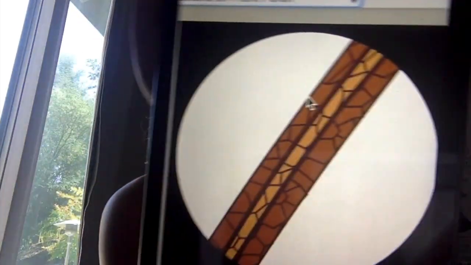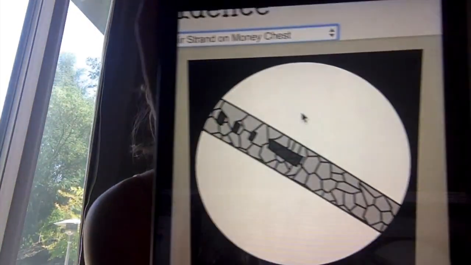A hair strand on the front porch. And another hair strand on the front porch, but a different sample. And a hair strand on the money chest. And another hair strand on the money chest.